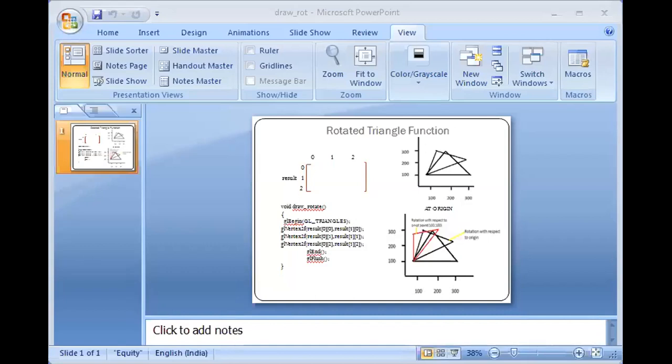For any object, when you need to rotate about the origin, this is the matrix that I will be using: cos theta, minus sin theta, 0; sin theta, cos theta, 0; 0, 0, 1. Each vertex I will multiply with this matrix, so that I get a new vertex which has been rotated by the angle theta.